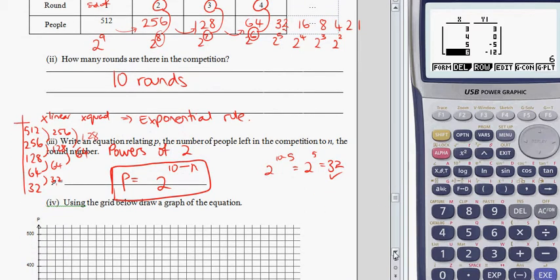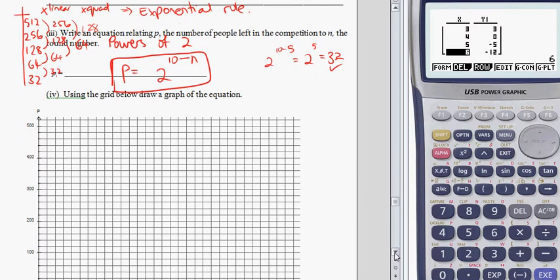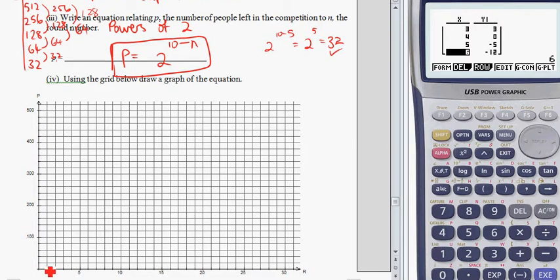I'm going to lose my numbers. So at the end of round 1 we have 512. Probably need to check the scale here. 2, 4, 6, 8.